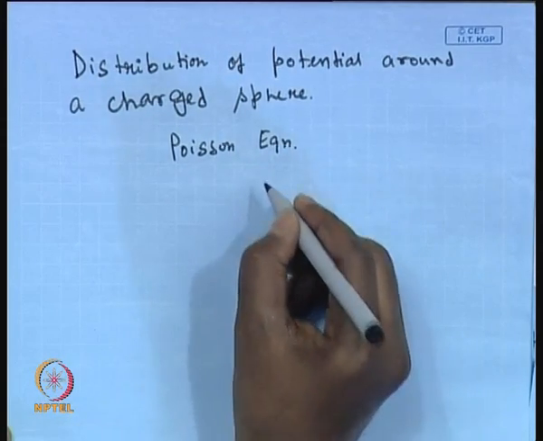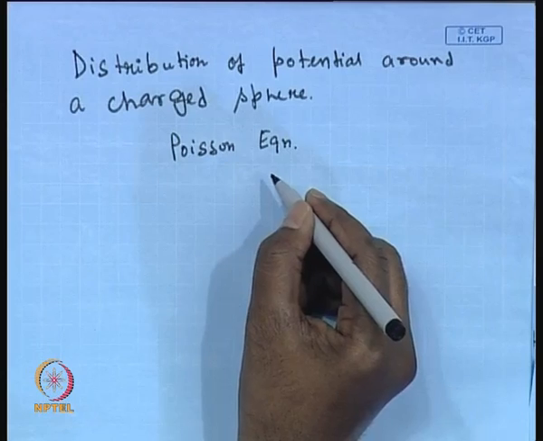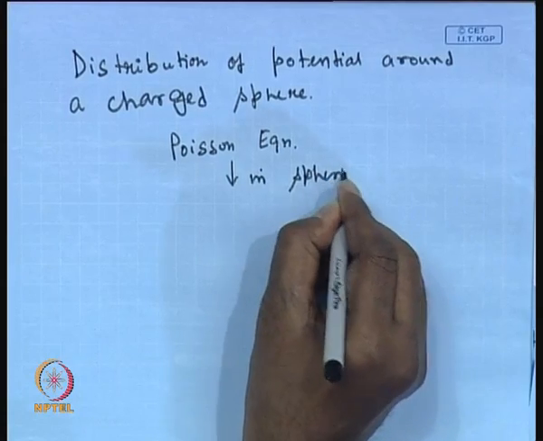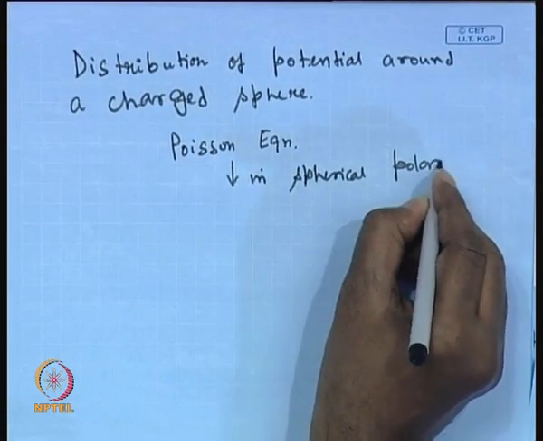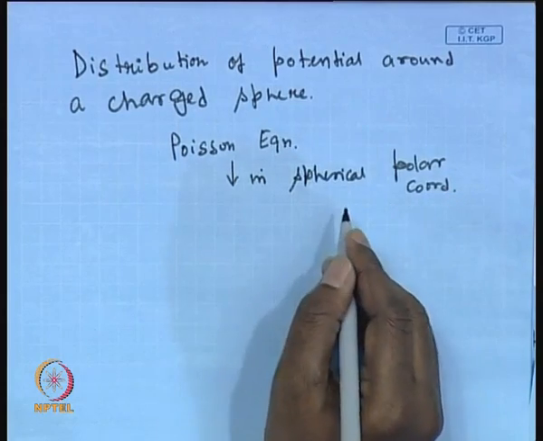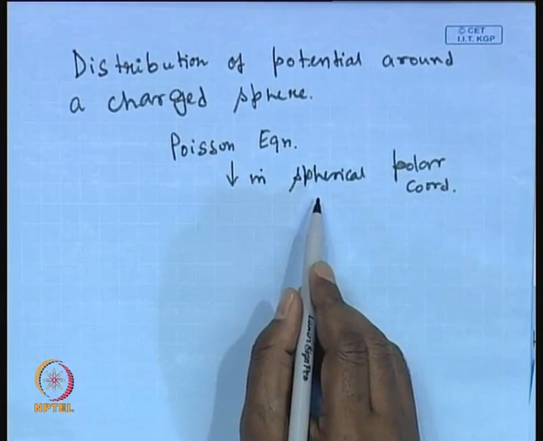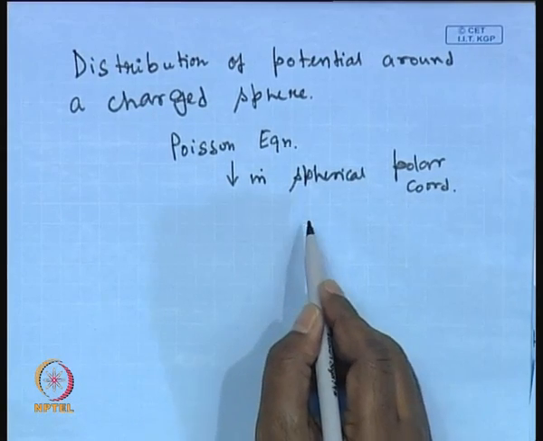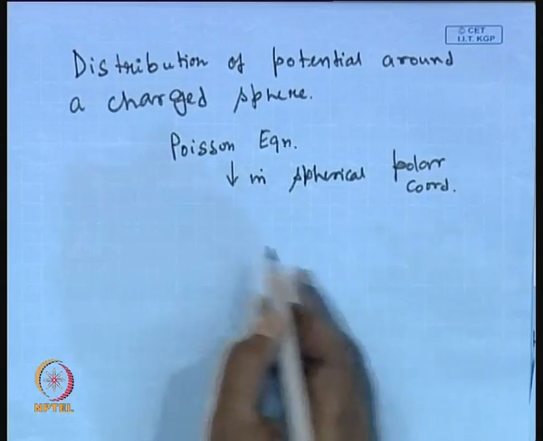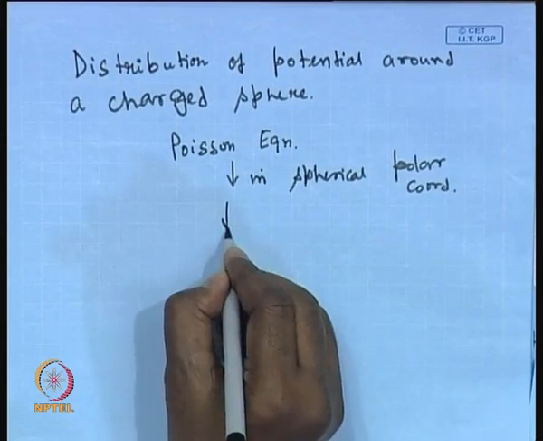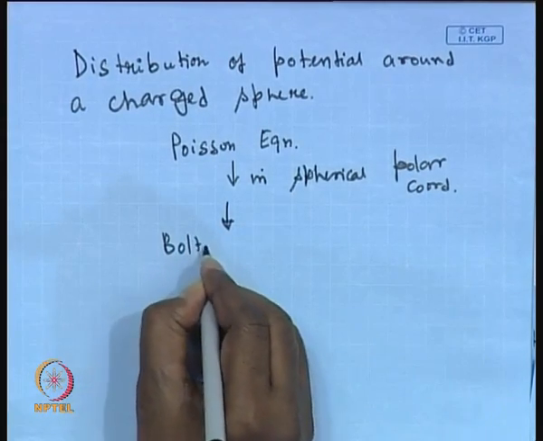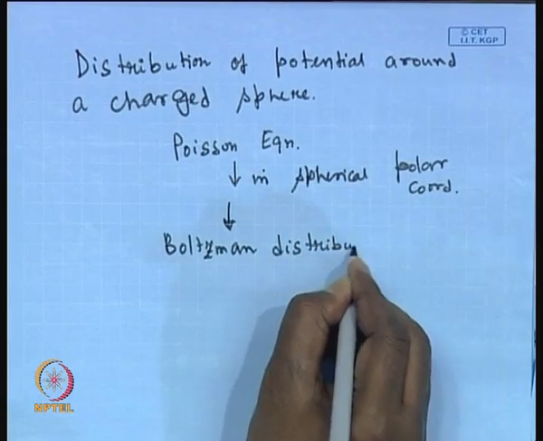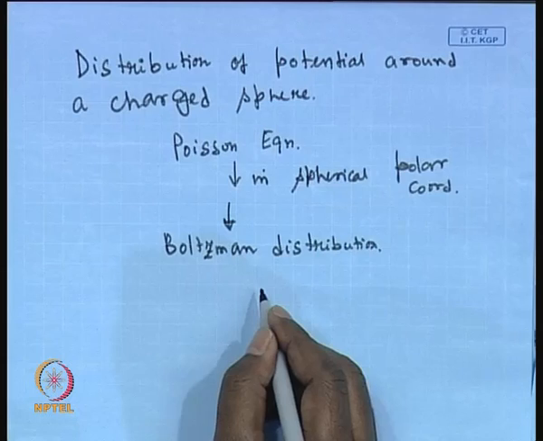And this time the Poisson equation will be in spherical polar coordinates. Since we are assuming it is one dimensional, we will be using the operator corresponding to the spherical polar coordinate only in the r direction, not in the theta and phi directions. And then we use the Boltzmann distribution to formulate the Poisson-Boltzmann equation.